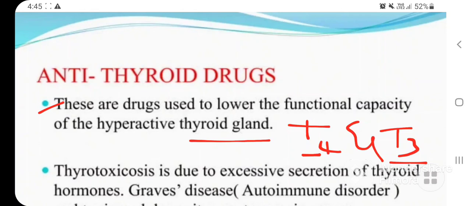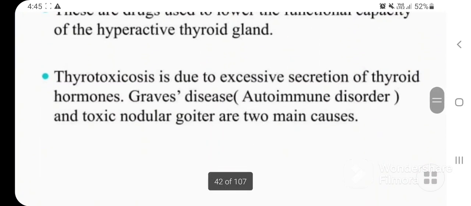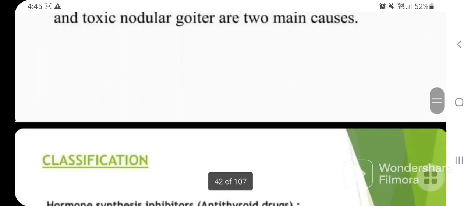See, one more very important thing here: thyrotoxicosis is due to the excessive secretion of thyroid hormones. That leads to Graves' disease, an autoimmune disorder, and toxic nodular goiter, which are the two main causes. Yes, you know these simple ones.